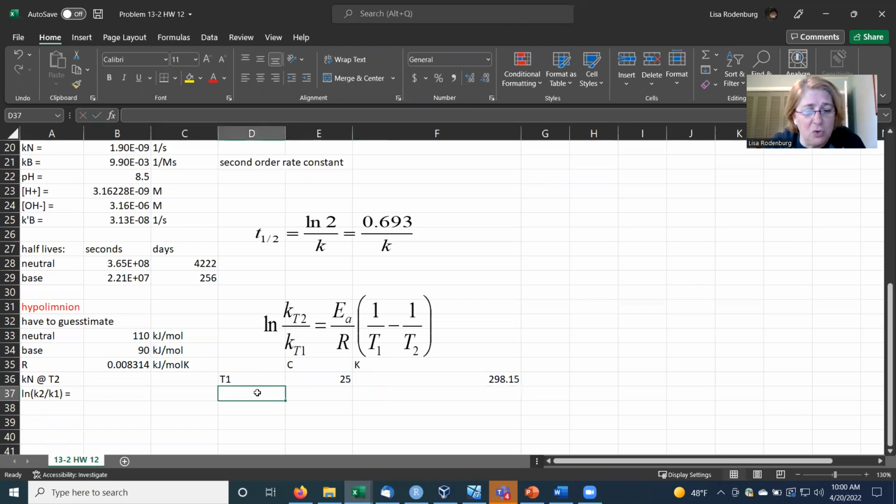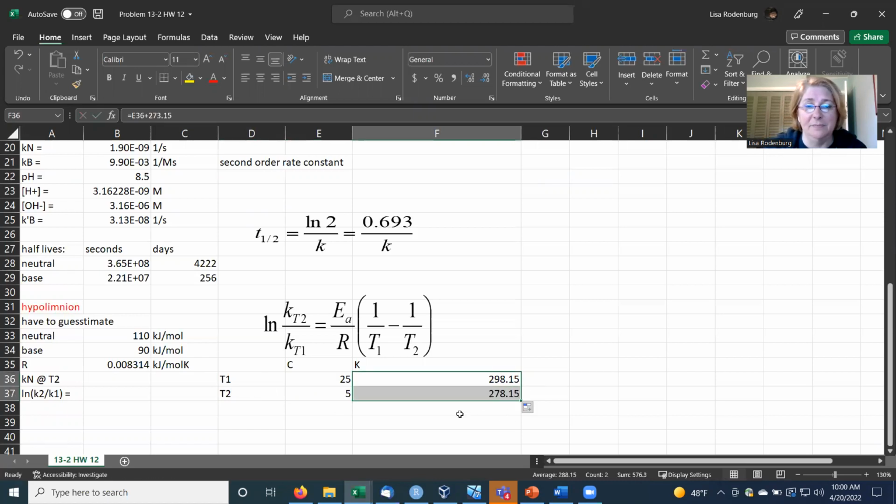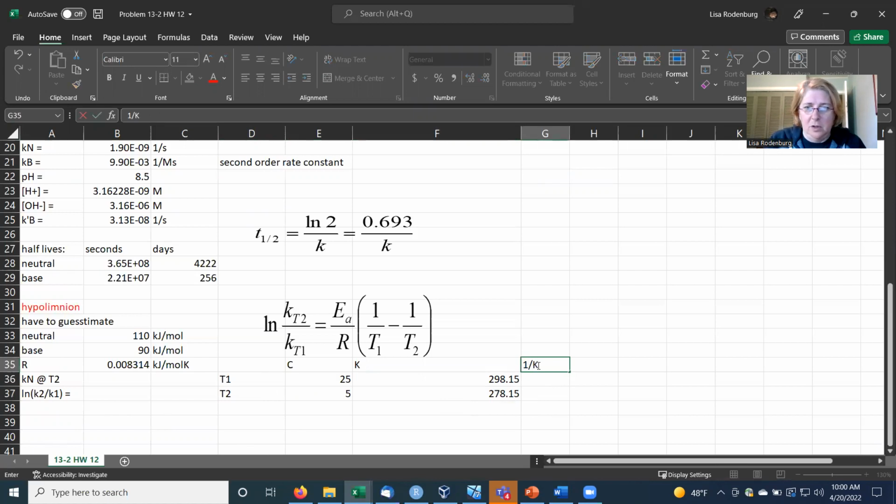Okay, and my T2 is now 5 degrees Celsius, which is 278 degrees Kelvin. Okay, so, and just for good measure, I will do 1 over that.